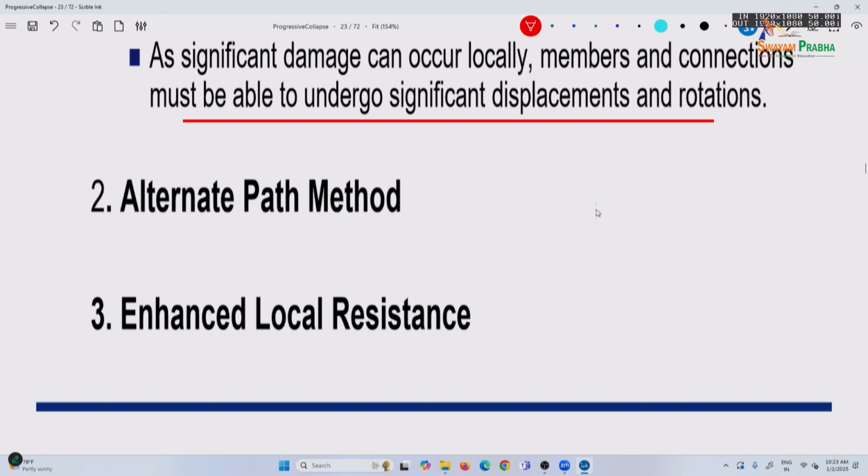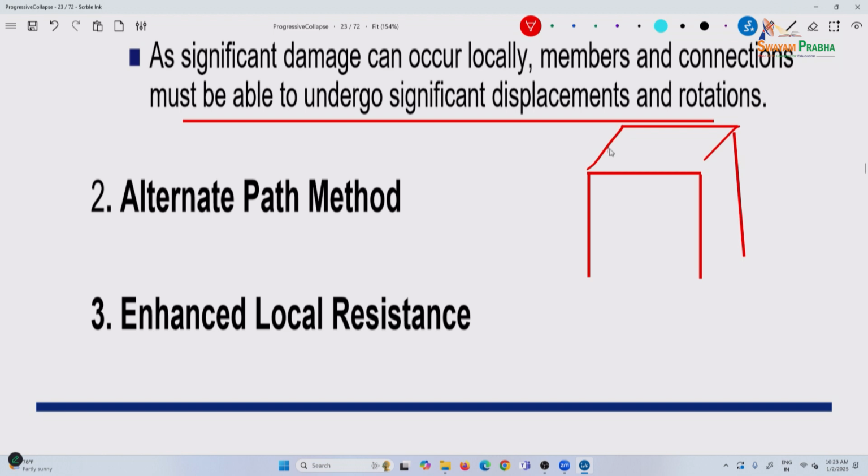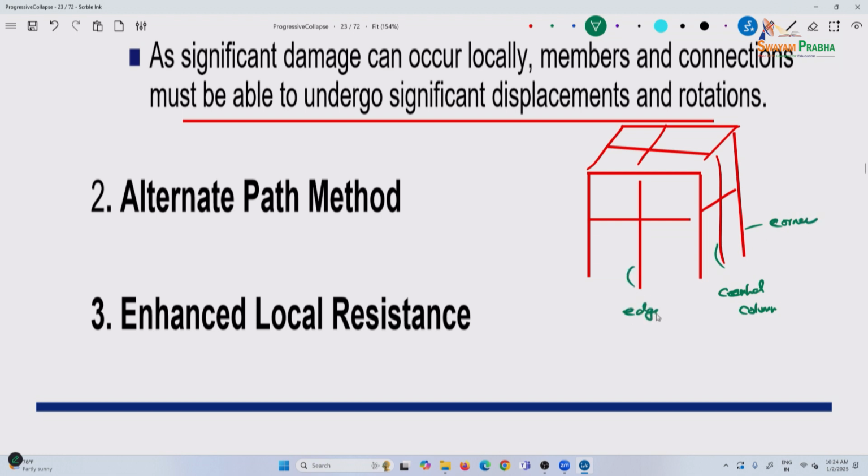So the alternate path method essentially has two scenarios under normal circumstances. We are looking at a central column removal, an edge column, and the corner column, in the lower floor primarily or one upper floor.